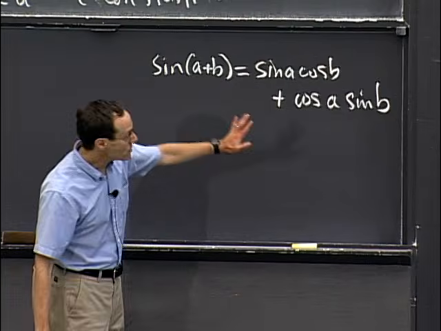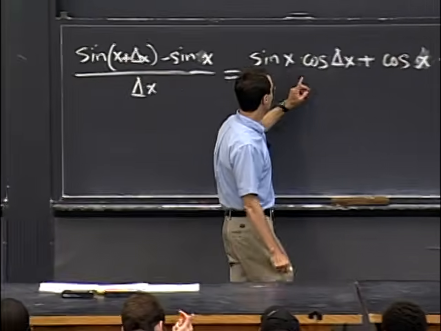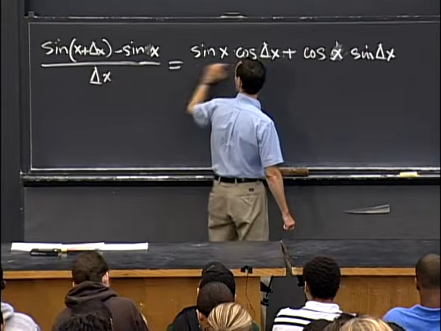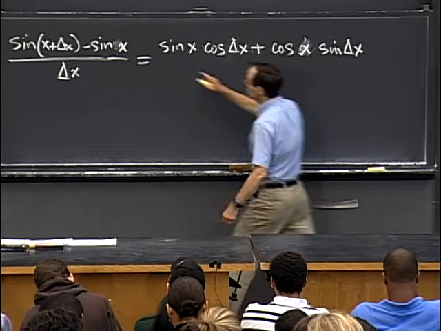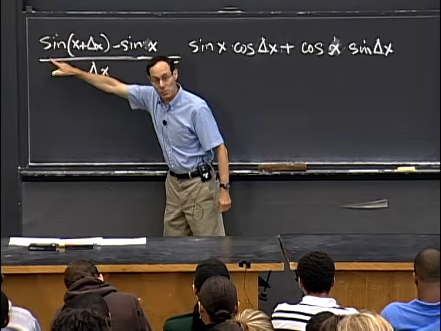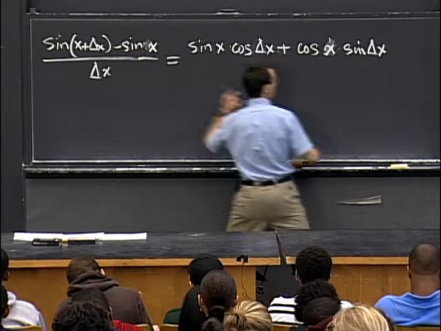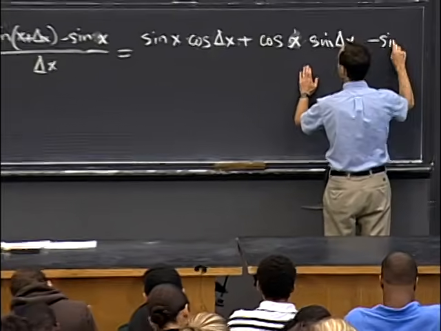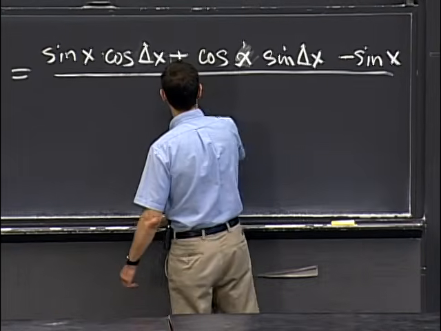That's what I did over here, except the letter x was a, and the letter b was delta x. Now that's just the first part of the expression. I still have to remember the minus sine x, which comes at the end, and then I have to remember the denominator, which is delta x.